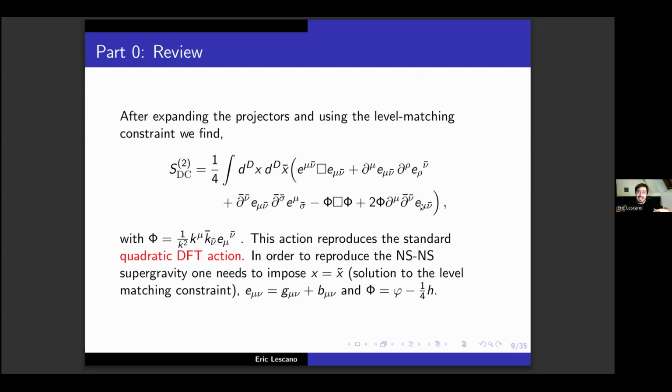This is classical double copy because we are completely off shell at the Lagrangian level. And we obtain this Lagrangian in the double geometry, which can be associated to the ordinary NSNS supergravity at the quadratic order when we identify the fields in the way that you can see on screen. So we start from Yang-Mills and we go to NSNS supergravity, in principle in arbitrary dimensions.